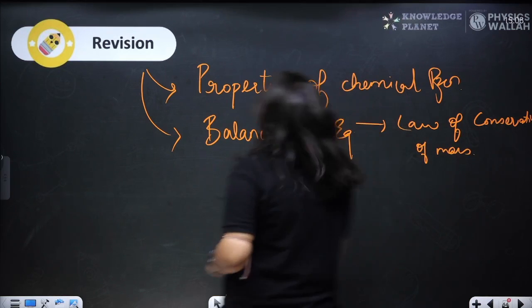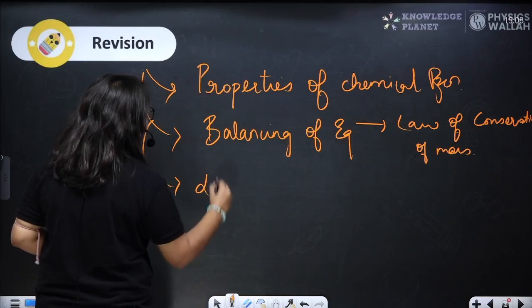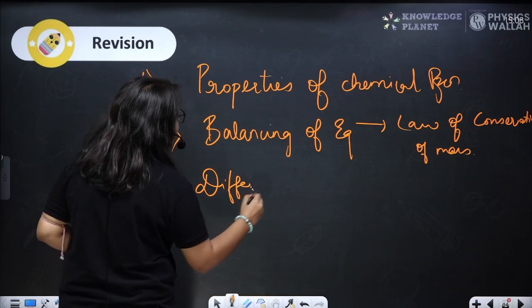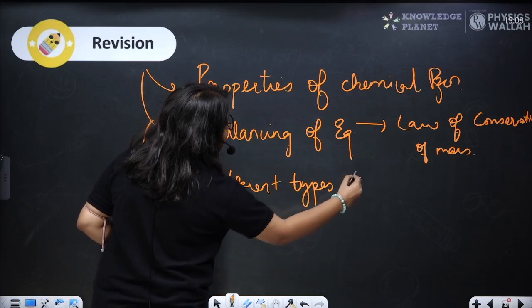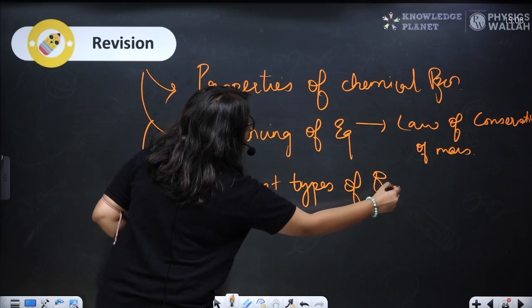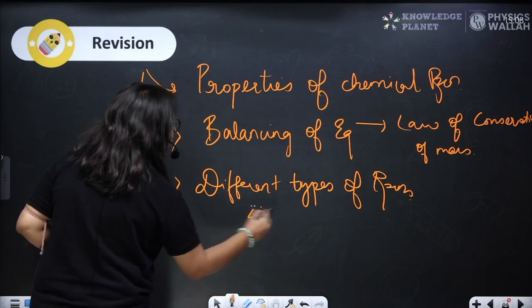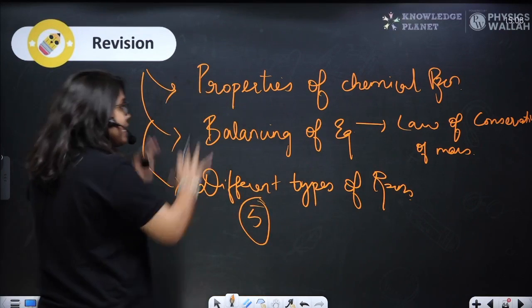Then we have learnt about the different types of reactions, and we have 5 major types of them. So this is what we have learnt.